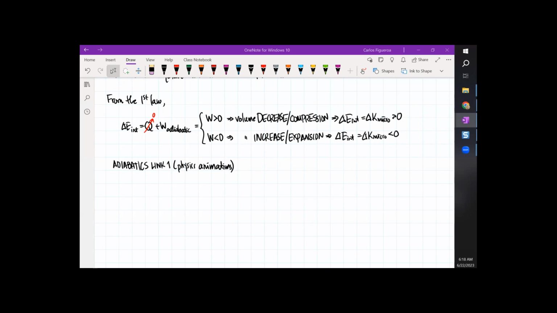So what I want to do here is share my screen to make sure that, let's look at this. So what do we have here? We have adiabatic compression.